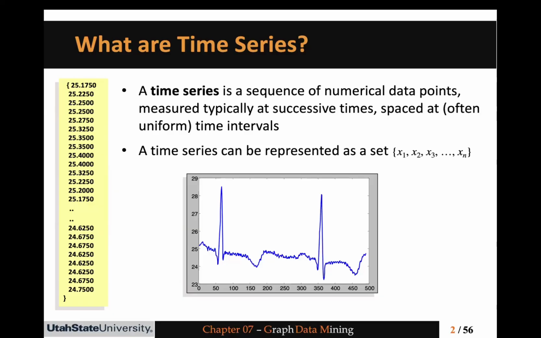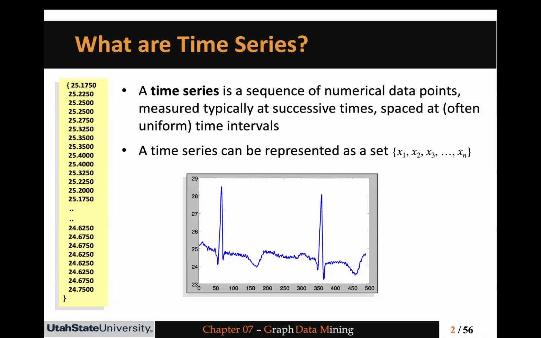Now, the key idea behind any time series is that the order matters. Unlike tabular data, where shuffling the values does not matter, I can start with feature one being the GPA, then feature two being the major, or vice versa. It won't really affect the classifier or the clustering algorithm's outcome.